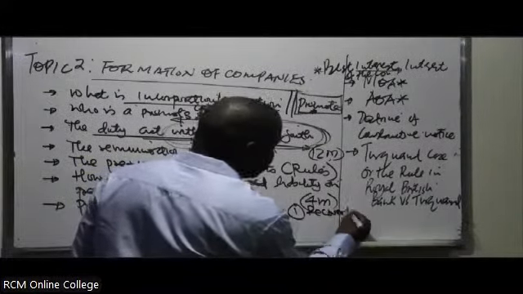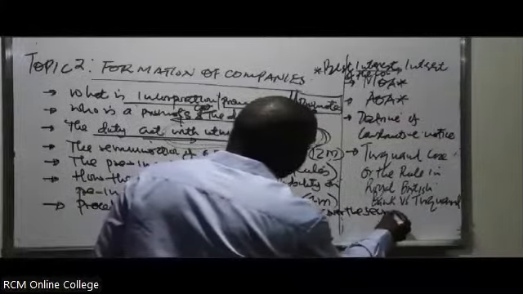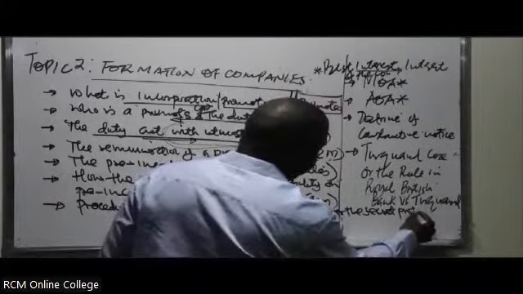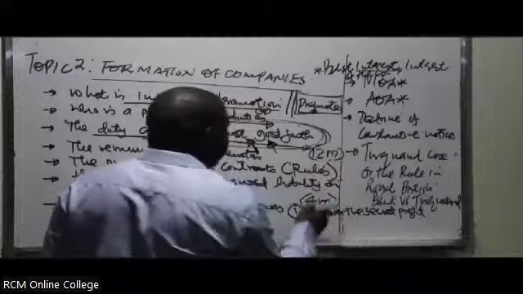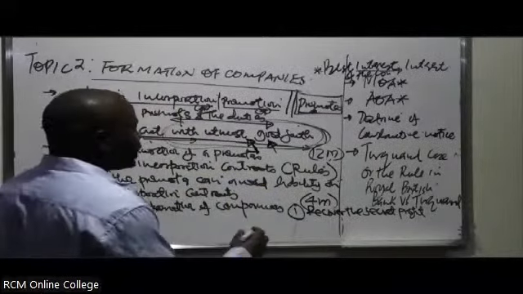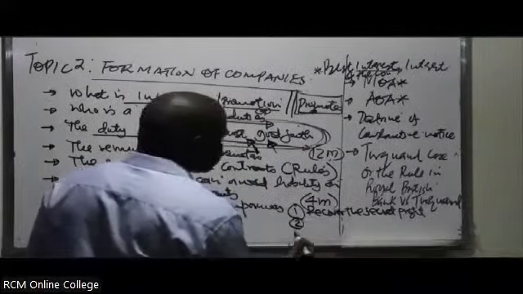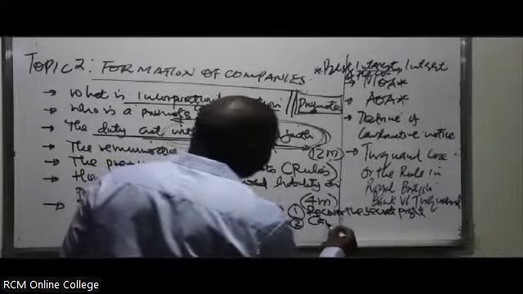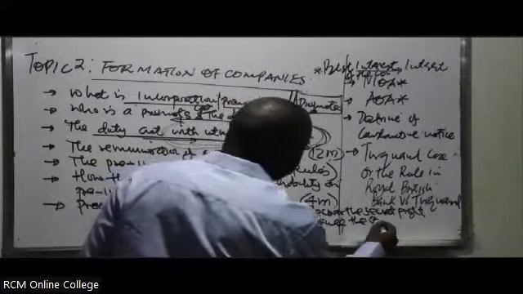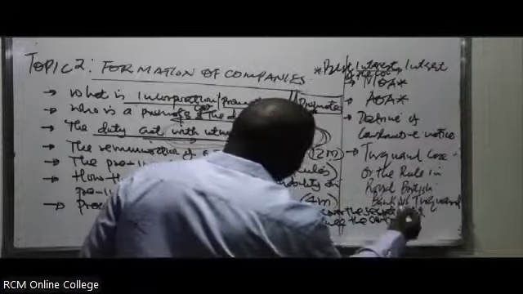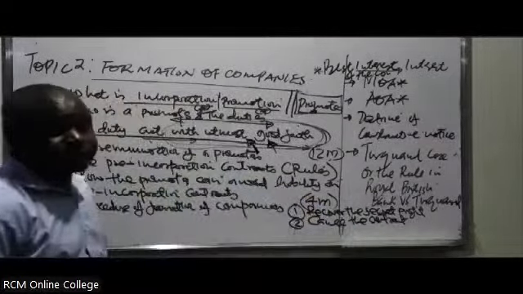The secret profit in this case was the extra 8 million. Number two, they can repudiate or cancel the contract. They can cancel the contract and recover the purchase price.